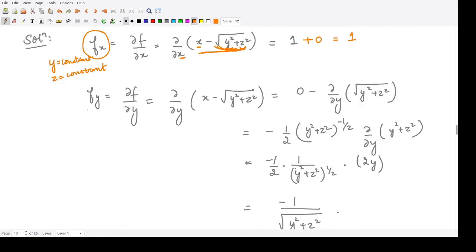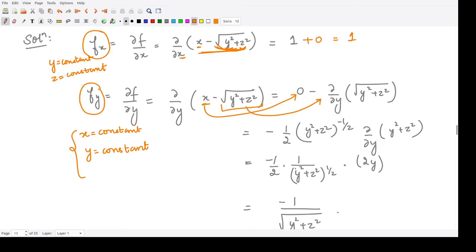Now let me calculate the partial derivative of f with respect to y. Here we will treat x as constant and z as constant. When you take the partial derivative with respect to y of the x term, it would be 0, and then we will take the partial derivative of this term.